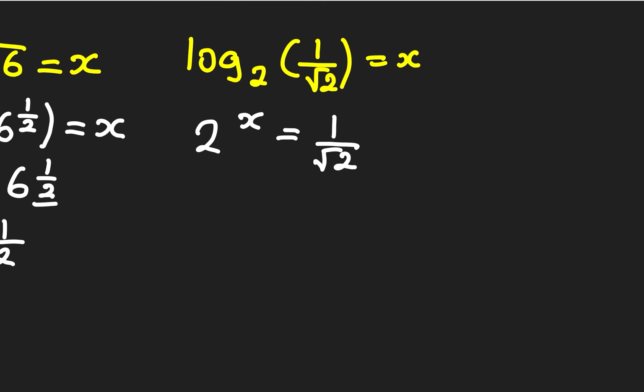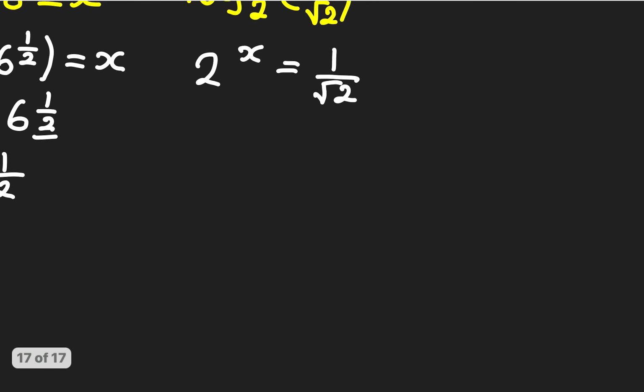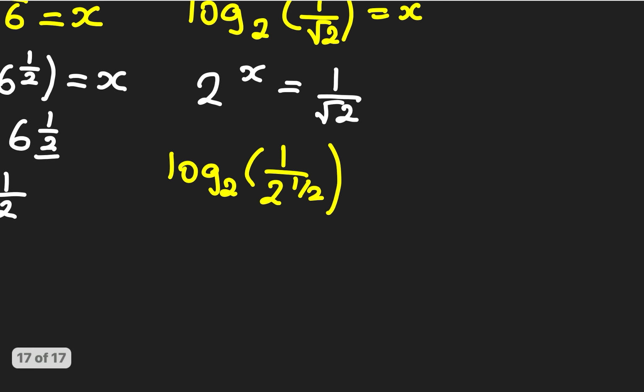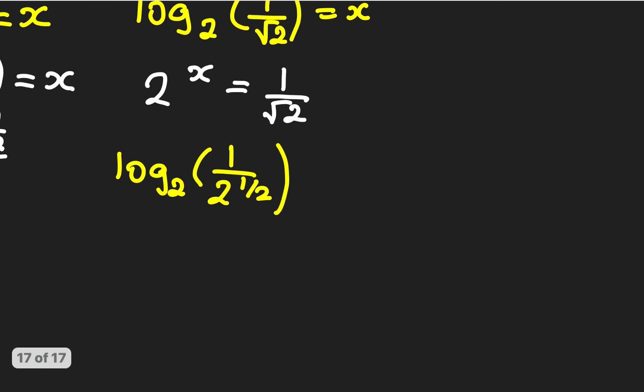So for our ease's sake, let's simplify the numericals to the easiest we can to solve for the value of x. So we would have log base 2 of 1 upon 2 power 1 by 2. We're just using these exponents as we've referred to in the previous questions. So log base 2 of 1 upon 2 power 1 upon 2 equates to x.